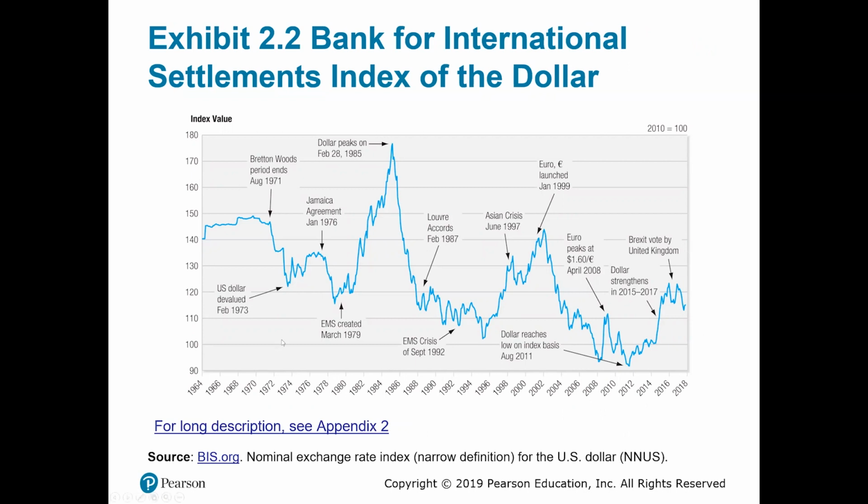Since then, you can see that the US dollar has fluctuated. And this is the index of the dollar created by the Bank for International Settlements or the World Bank.